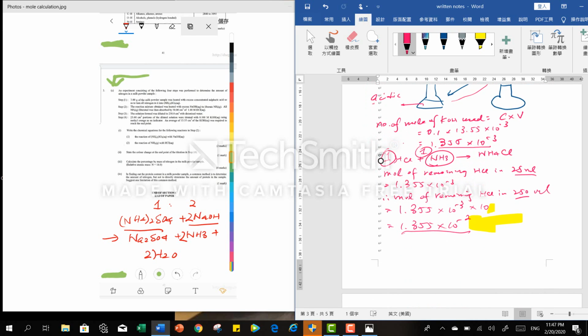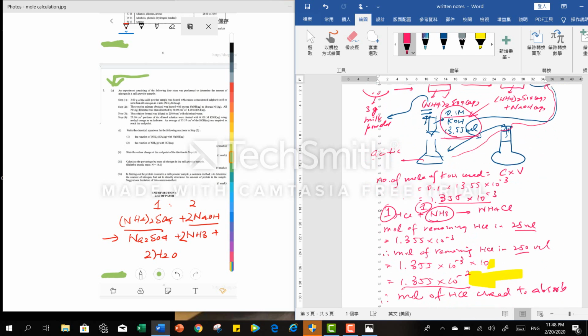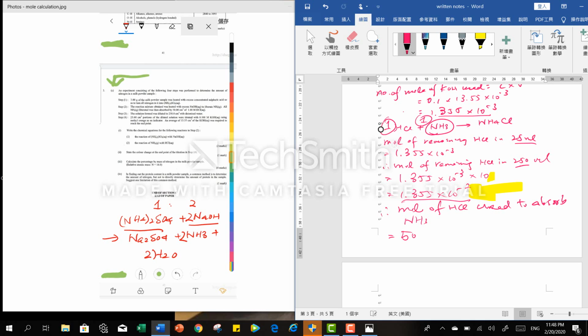So therefore, the mole of HCl used to absorb ammonia will be, the original is 50 ml of 1 M, so 50 times 1 M, minus the remaining.